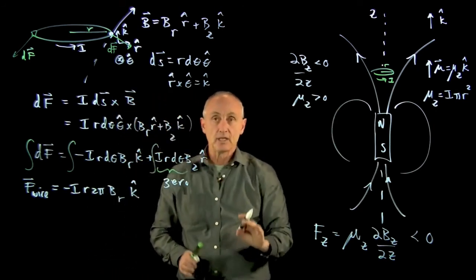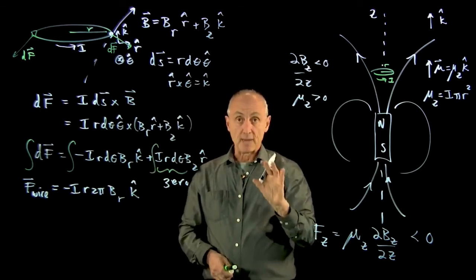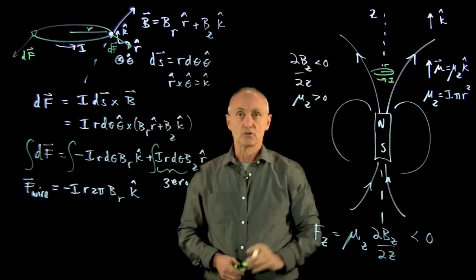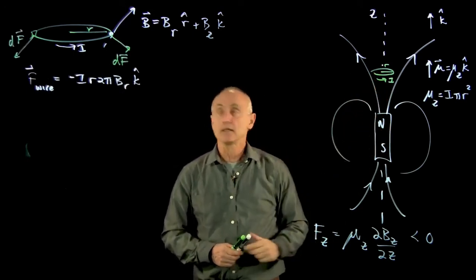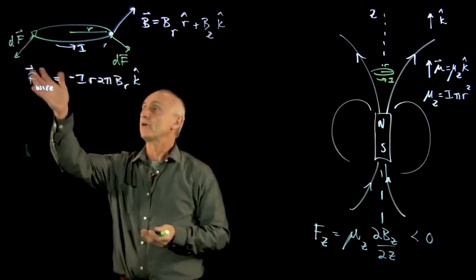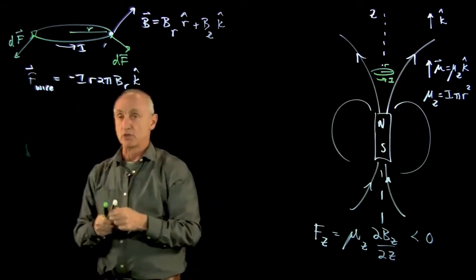Our next step is to see how we can apply Gauss's law for magnetism to connect these two results. When we looked at a current loop above a magnet, we discovered that the force on this wire loop was pointing downward and given by this result.